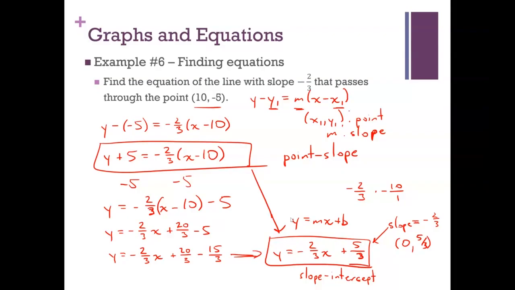The bottom one is slope-intercept. This one right here is point slope. So basically, they're equivalent to each other. I can manipulate one of them to get the other. Where they're different is what information you can get just by looking at it.